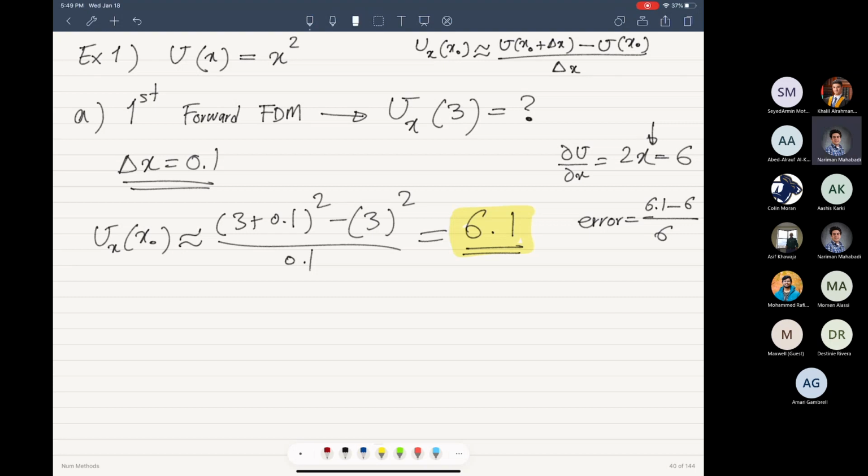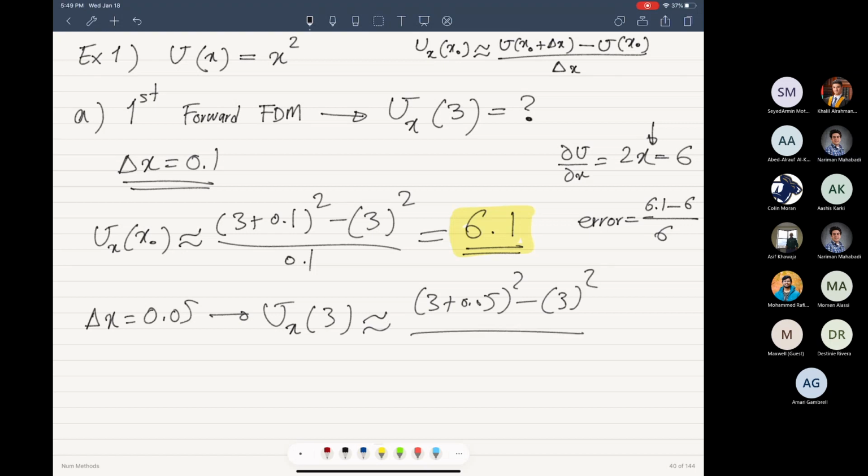Okay, what would happen if you decrease the step size to 0.05? Then again, this is my first derivative at x naught, which is now 3. So this is going to be approximated by 3.05 to the 2 minus 3 squared, and at the end, the result is going to be 6.05, right?